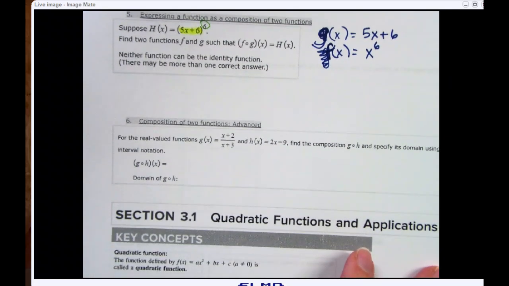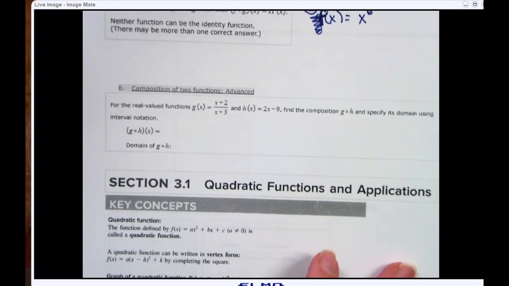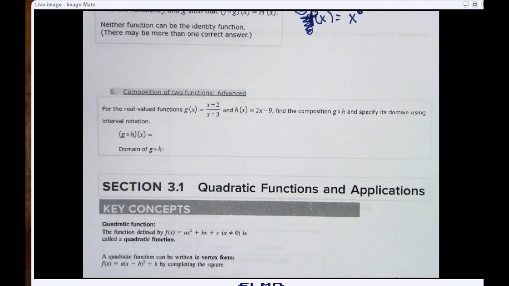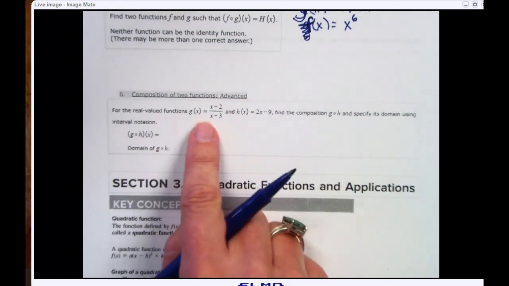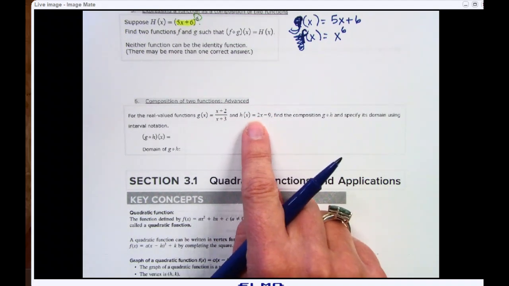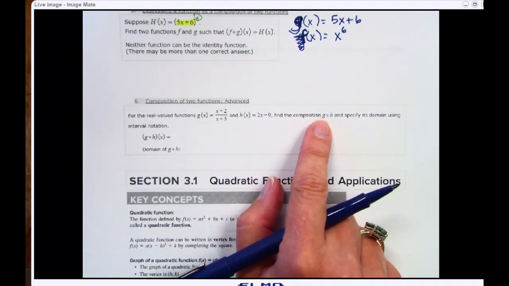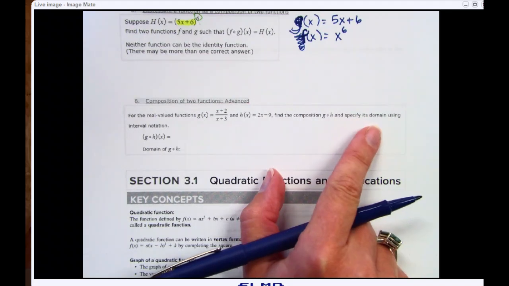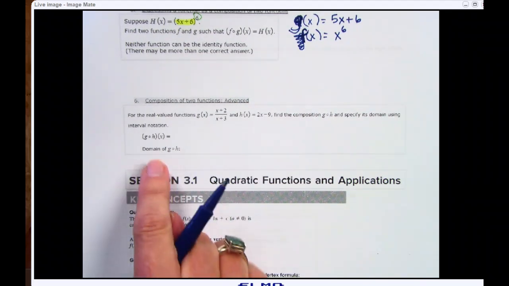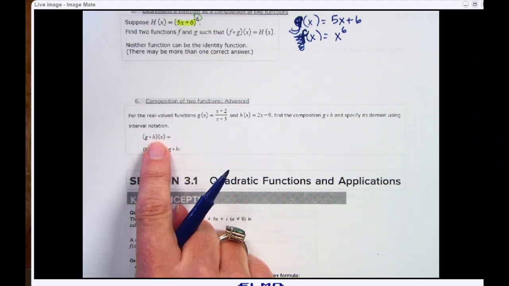Oh, that was composition of functions, and now it's composition of functions advanced. Wow. All right. For the real valued functions, got g of x and h of x. Find the composition g of h and specify its domain using interval notation. So it's telling us we need to substitute h into g.